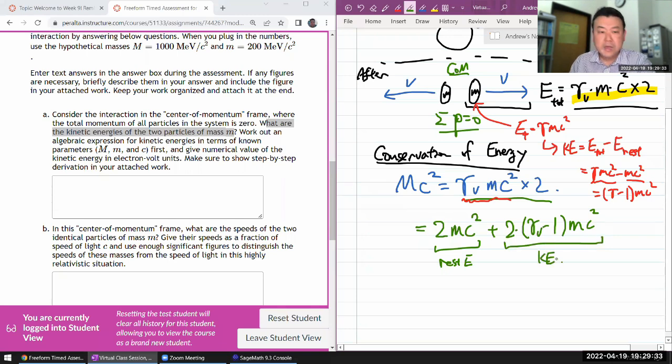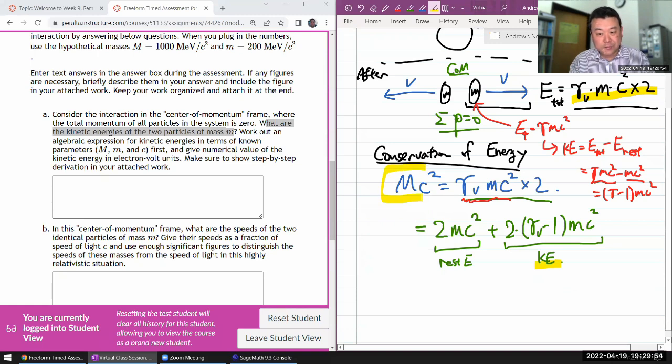Now, I guess the challenging thing here is that when you look at these parameters here, gamma is not here. What do I do with the gamma? I hope it doesn't take you too long to look at it the other way, because really what you want is the expression for kinetic energy.